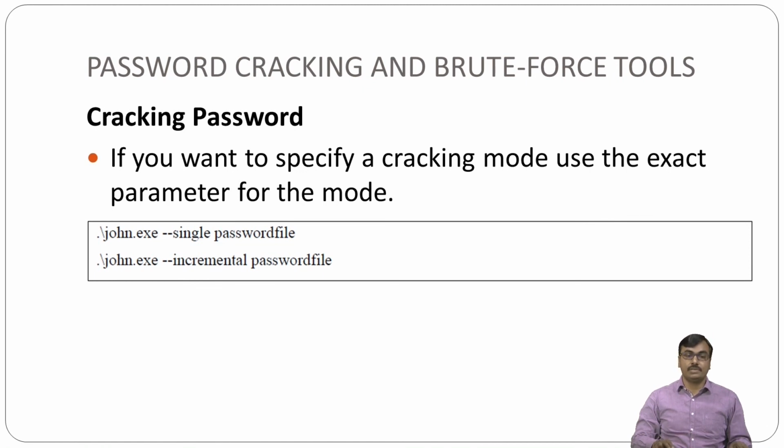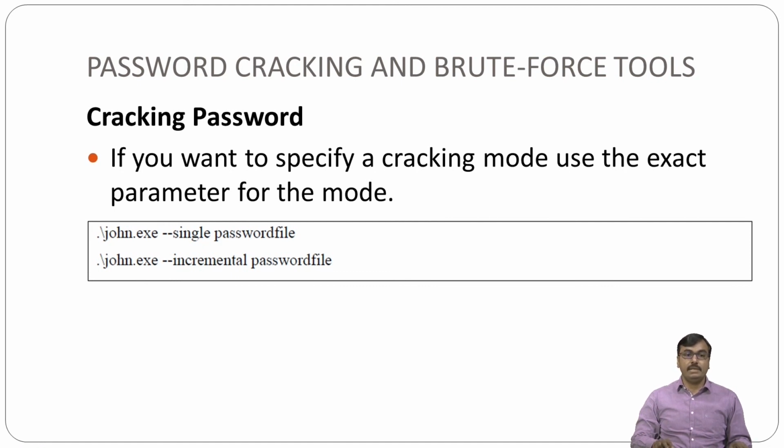That is the first one. In the highlighted screen you can see the first one is john.exe dash dash single password file, which goes to the single mode of the JTR tool.